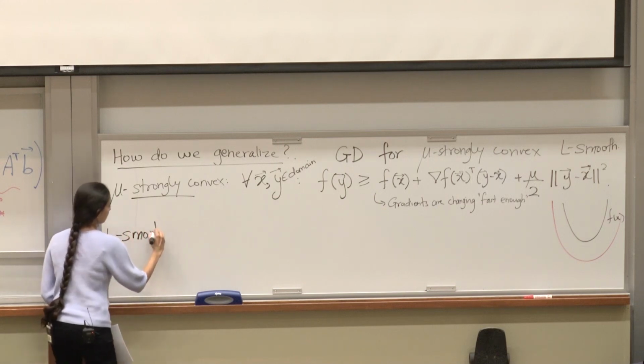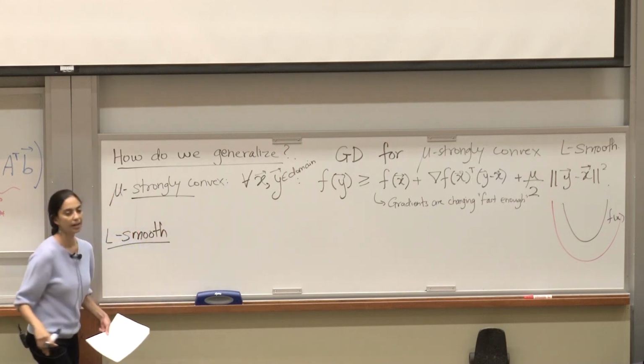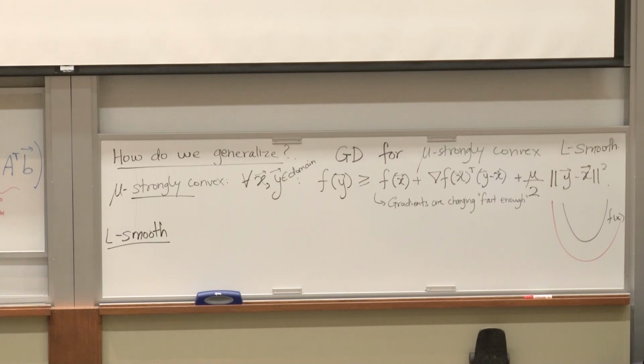The other thing that we want is to make sure that my gradients are not changing too fast. If I had a gradient that was changing really fast, one step might take me all the way to the door, the next step might take me back to Quarry Hall, and the third step might ping pong me all the way over to Strata, who knows where.